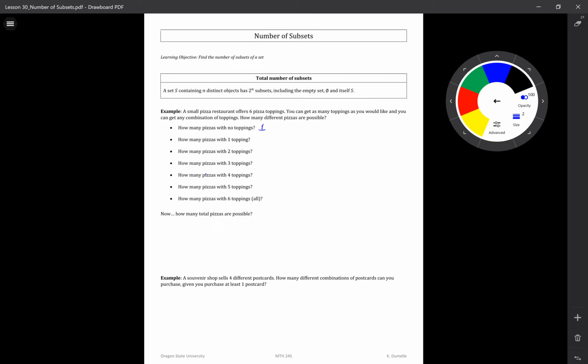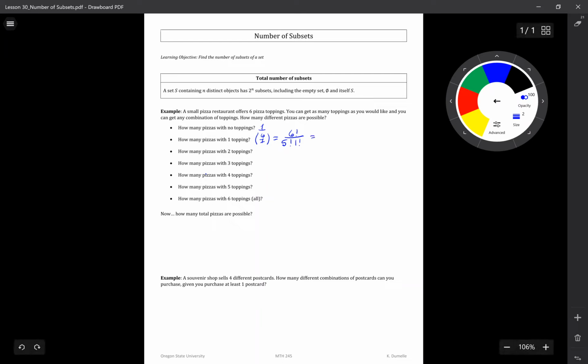How many pizzas with one topping? So here I am choosing one topping from 6. So I have this expression, 6 choose 1. And remember, this is equal to 6 factorial over 5 factorial, 1 factorial. If you're confused as to where this expression comes from, I would check out our previous lesson.